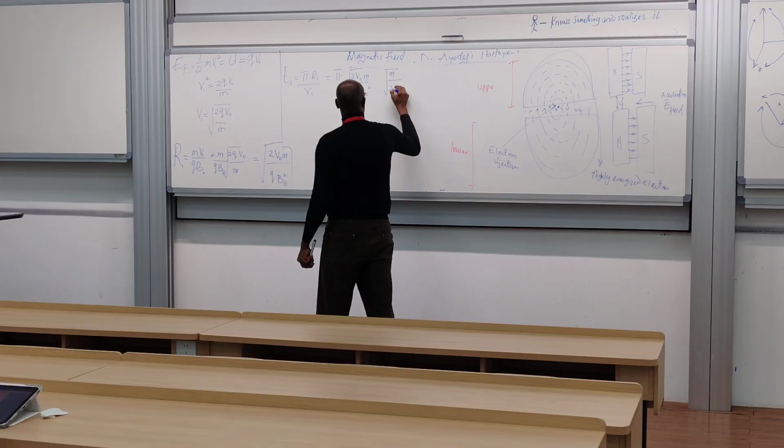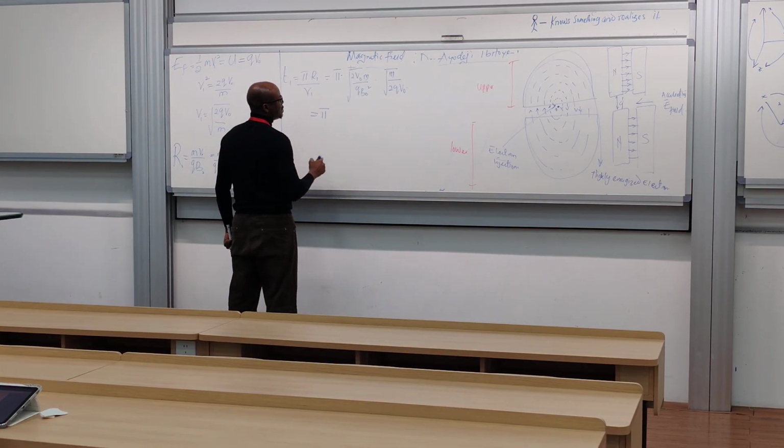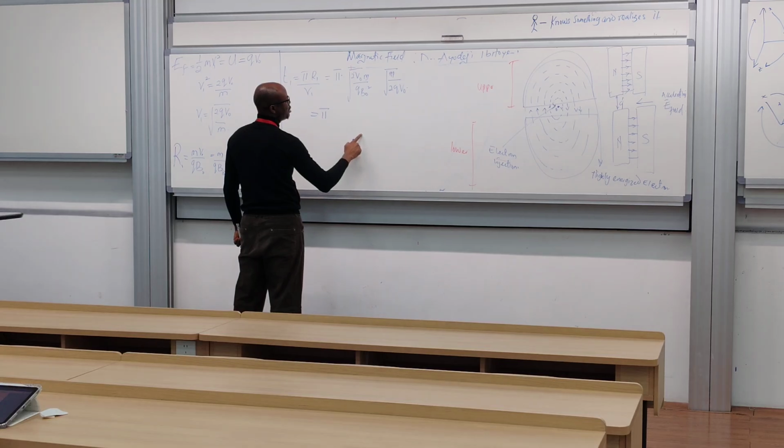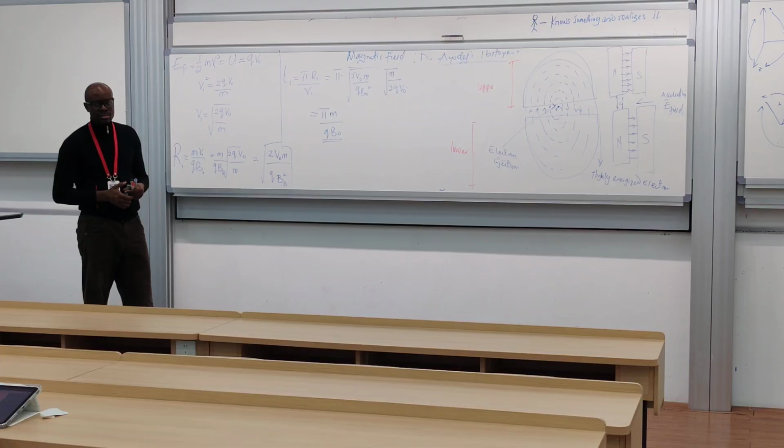Root n over 2q naught, this. So this becomes pi. These two cancel this. You have v naught cancel v naught, you have n over q v naught. You have this. It's your time.